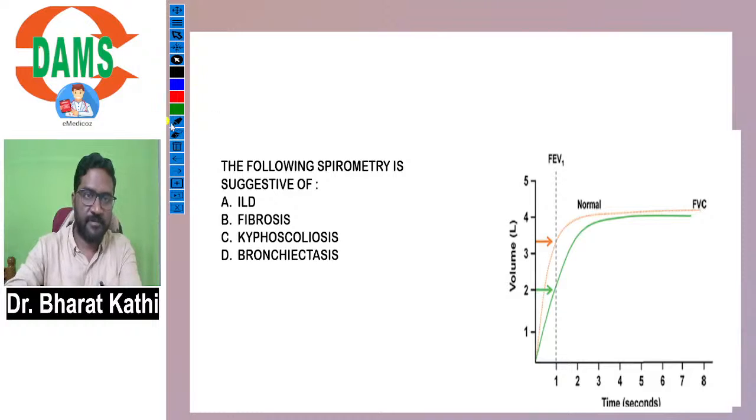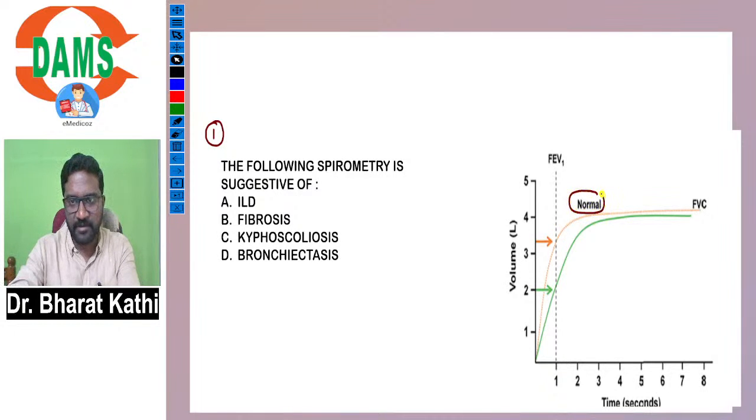The first question: the following spirometry is suggestive of. If you notice, there was a diagram given, but the gist is FVC was normal, whereas the FEV1, compared to the normal value, has been significantly decreased.